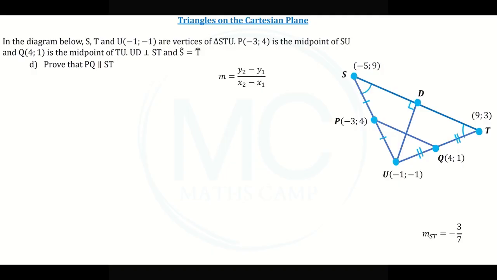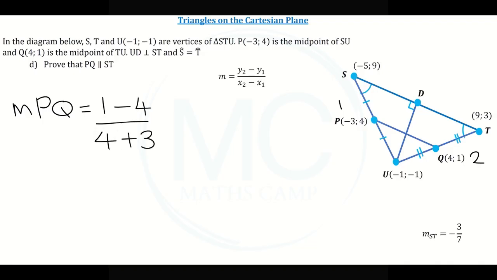Let's say that P is our first point and Q is our second. Now we can say the gradient m of PQ is equal to (1 minus 4) over (4 minus negative 3). 1 minus 4 gives us negative 3 over 4 plus 3, which is 7.